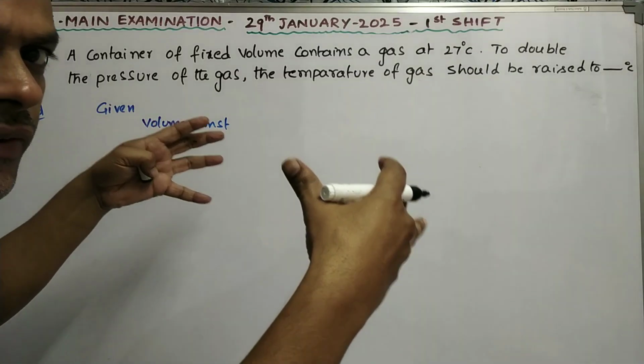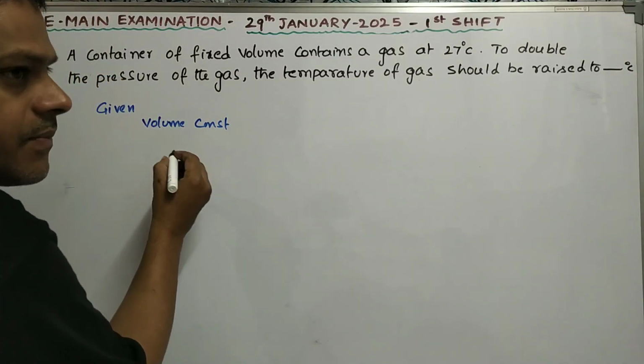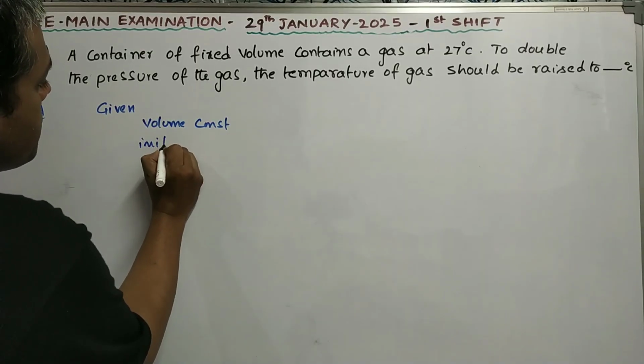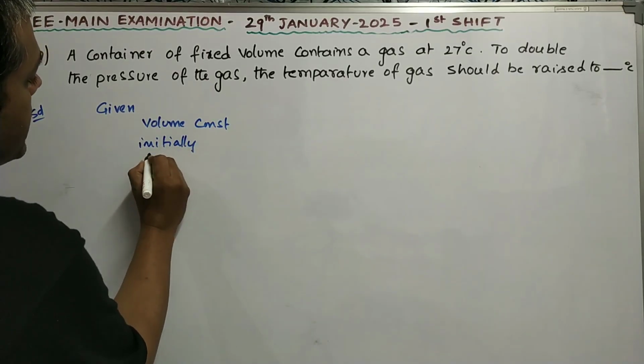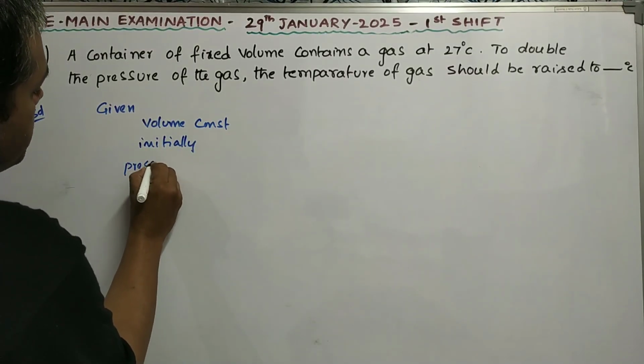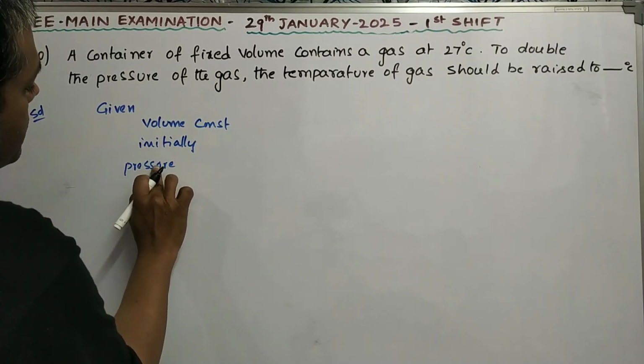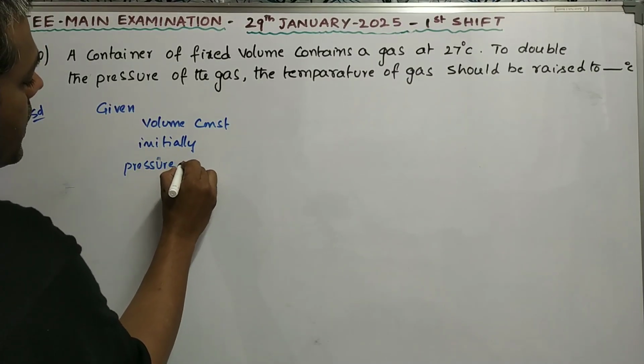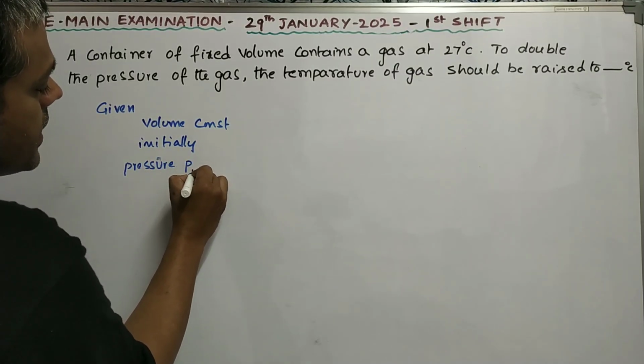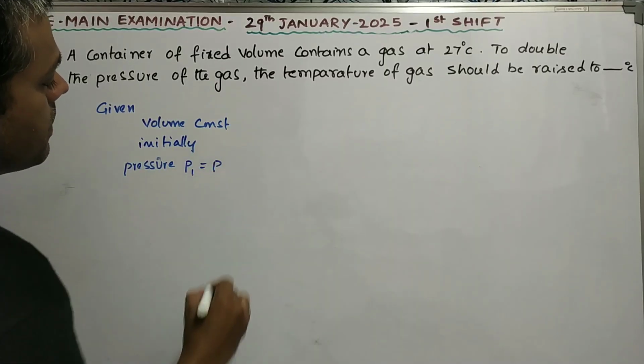When you fill a gas in a container, it is at some pressure. So initially, the pressure of gas in the given container, say P1, is equal to, say, P.